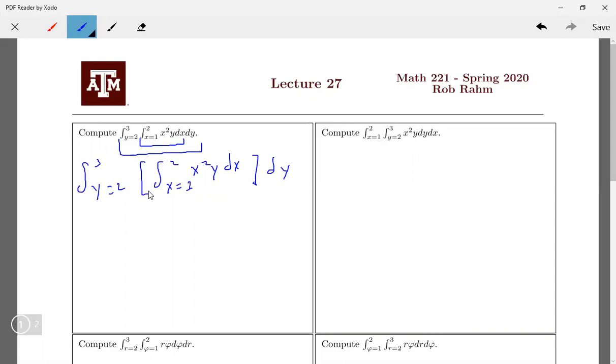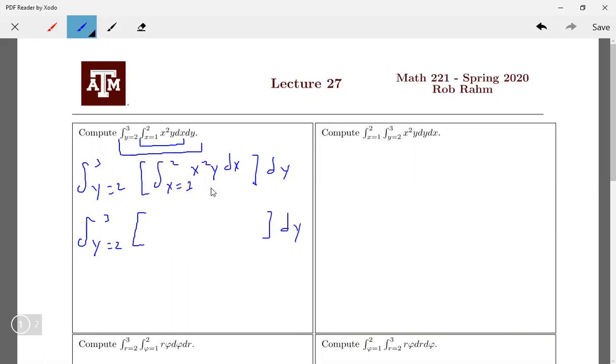And I'm just going to do the integral inside the brackets, and I'm going to essentially ignore the outer integral for now. So this is the integral y equals 2 to 3. Now the inner integral is an integral in terms of x. So I'm going to put the brackets here so I don't forget this stuff.